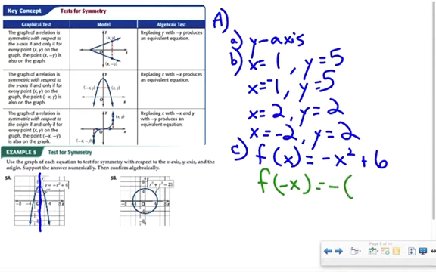So let's work that out. Okay, so if I have -x and I square it, it becomes x squared. I've still got this negative sign in front of it, plus 6. It's an equivalent equation. So I have just confirmed this algebraically.